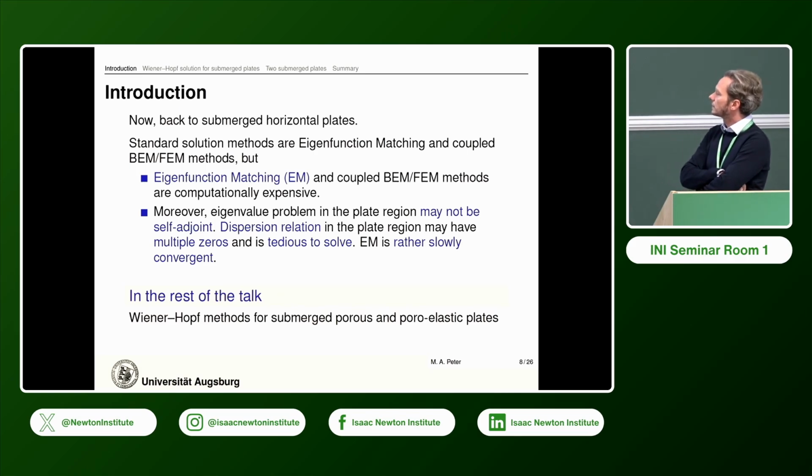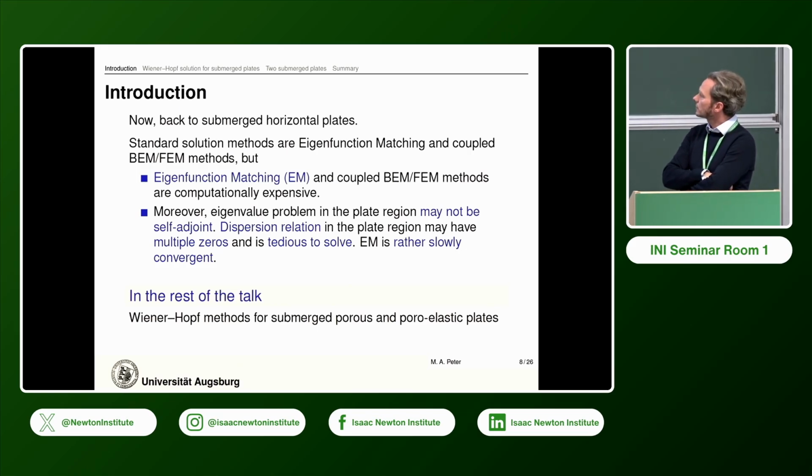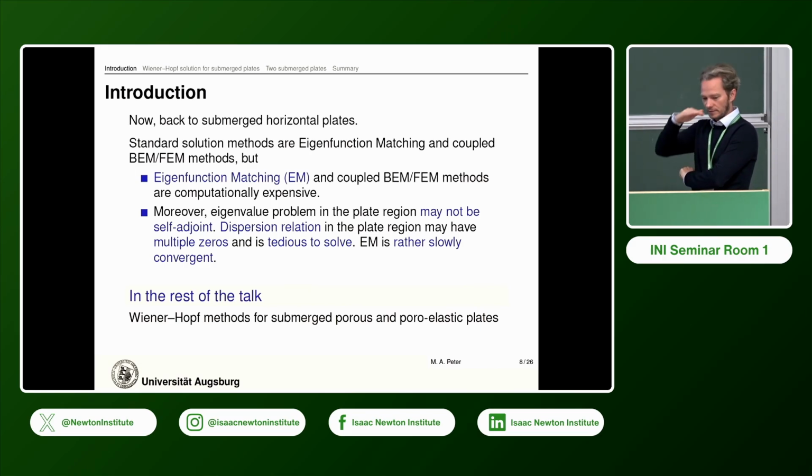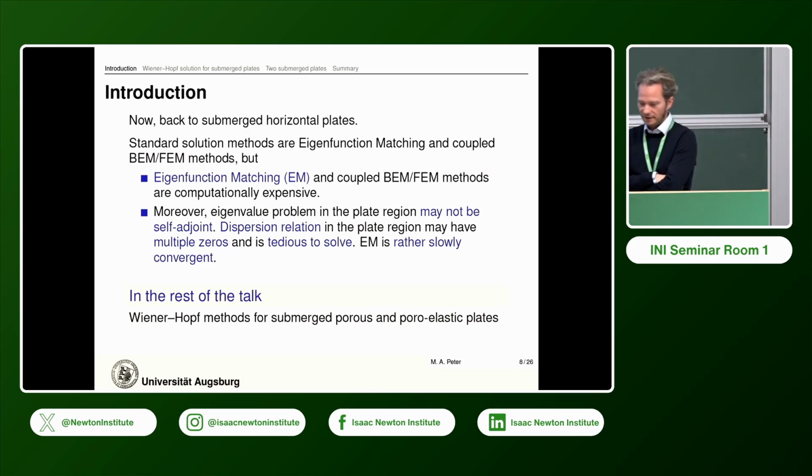And also there's a bit of subtlety here, which is that the eigenvalue problem, if you think of eigenfunction matching in the plate region, may not be self-adjoint. And that's closely related, of course, to the dispersion relation, which may have multiple zeros and might be quite tedious to solve. Mike discussed that for the piezoelectric floating plate, but it gets worse.